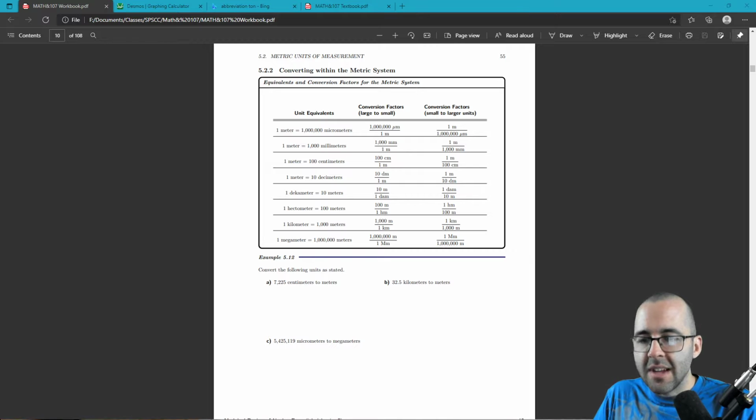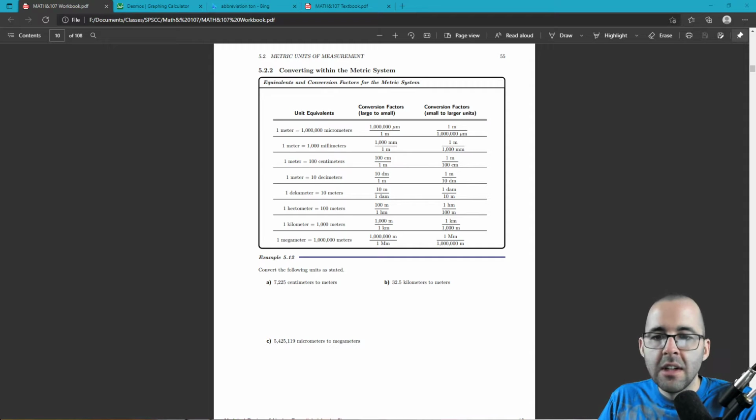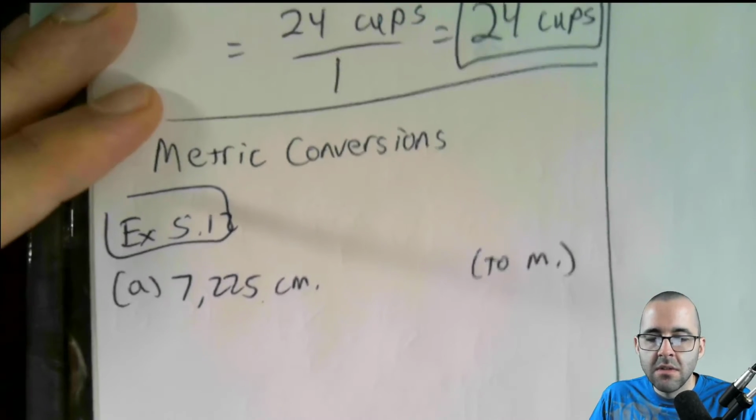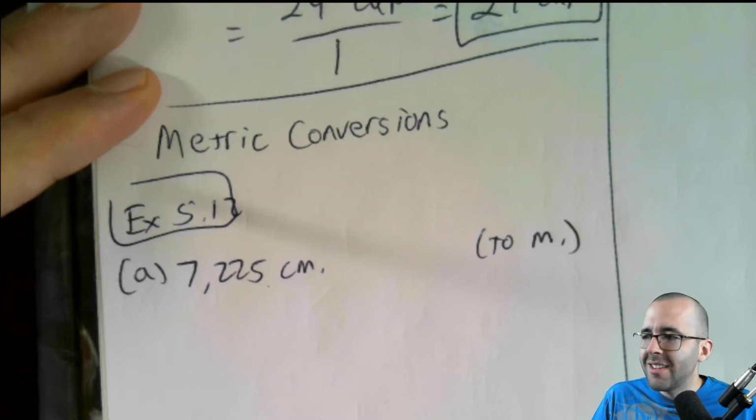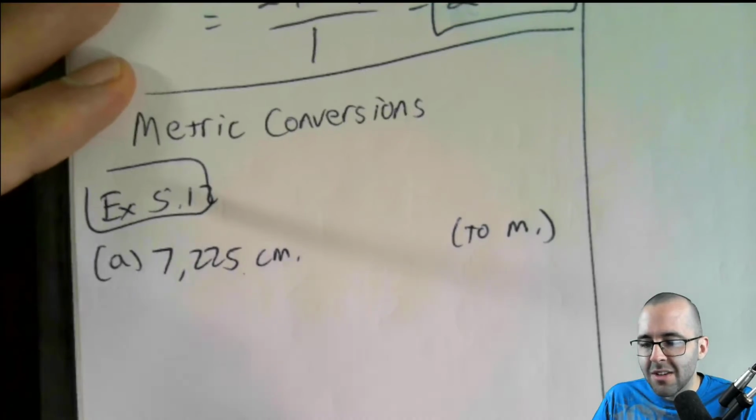We're going to start with example 5.12. We want to convert 7,225 centimeters to meters. I'm going to start this exactly like we've been starting this whole chapter.